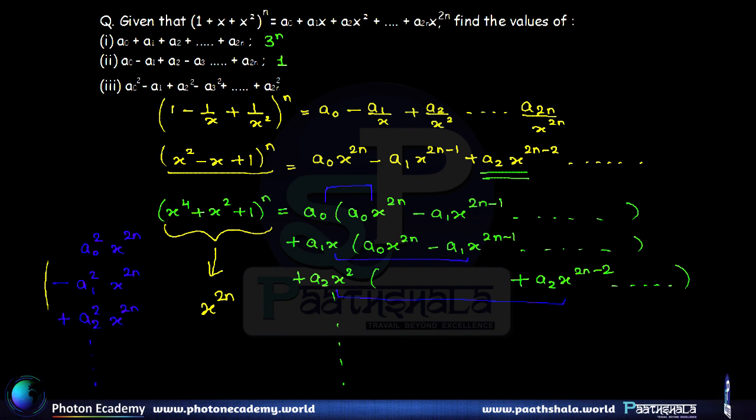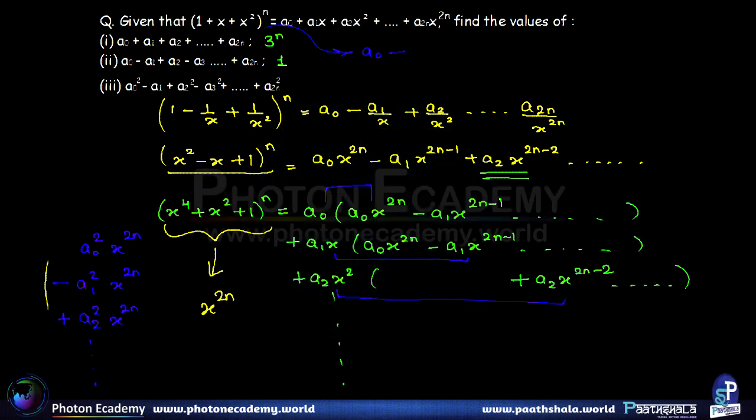So the expansion on replacing x with x square will be a0 plus a1 x square plus a2 x raised to 4 goes on till a2n x raised to 4n.